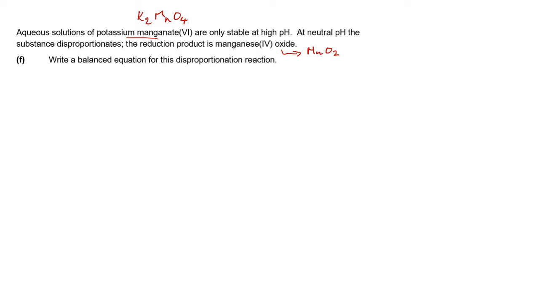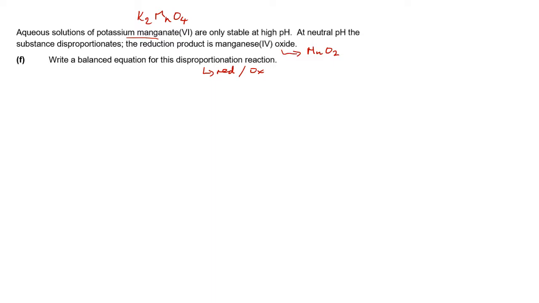So we remember that a disproportionation reaction means that something is being both reduced and oxidized. One component of the reactant is being reduced, and at the same time, the same component is being oxidized.